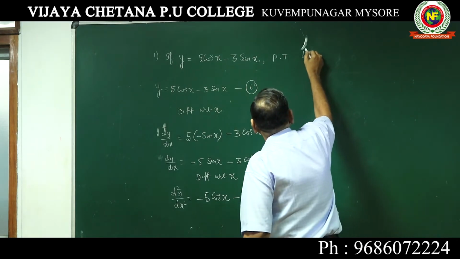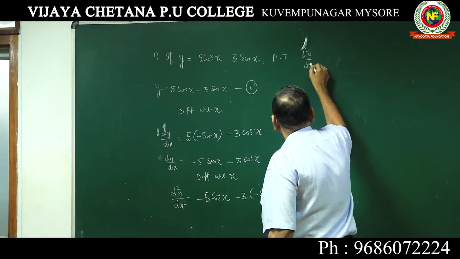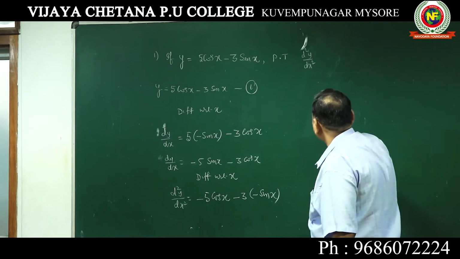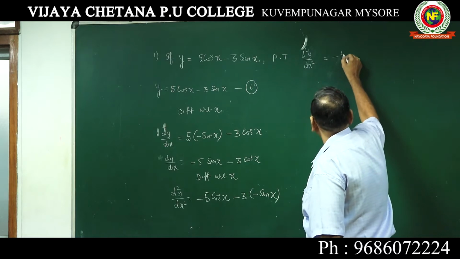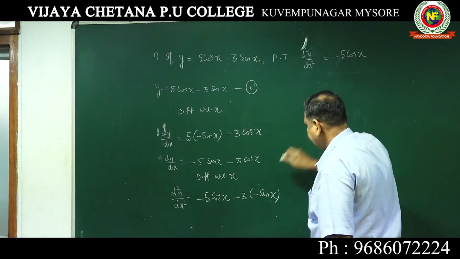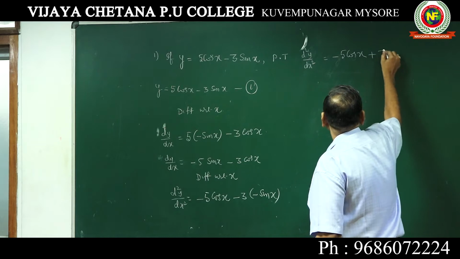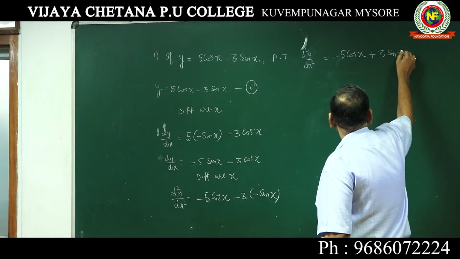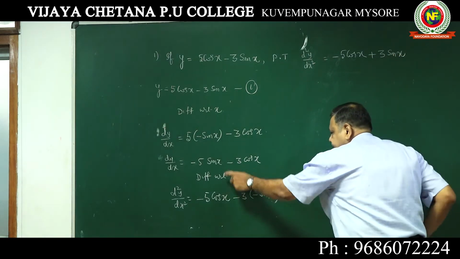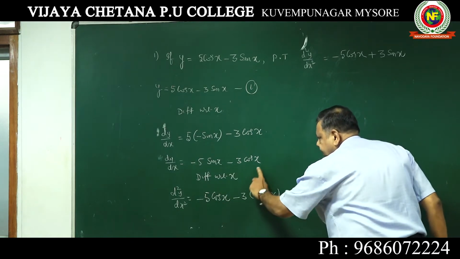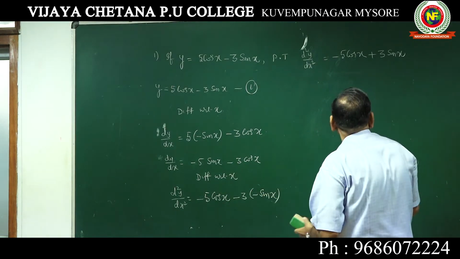d square y over dx square is equal to minus 5 cos x, and minus into minus is plus 3 sin x. What I have done is I have simplified minus 5 cos x and minus into minus plus 3 sin x.